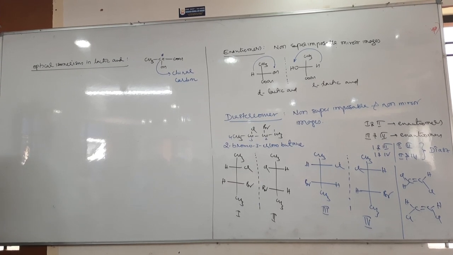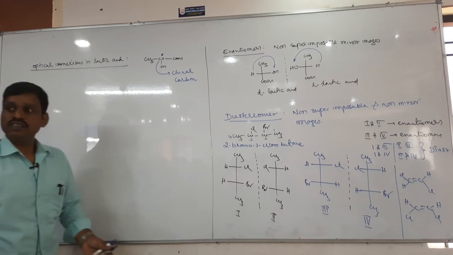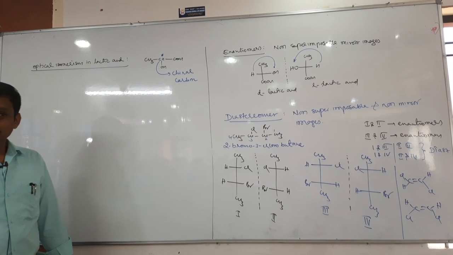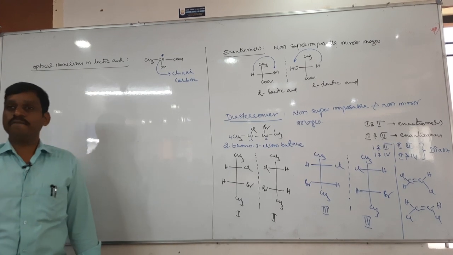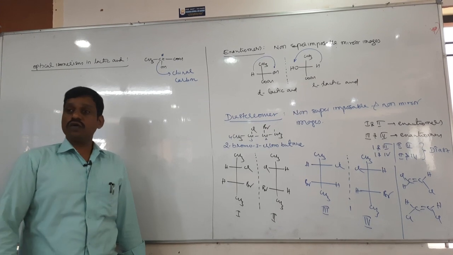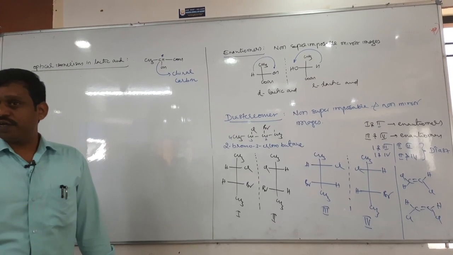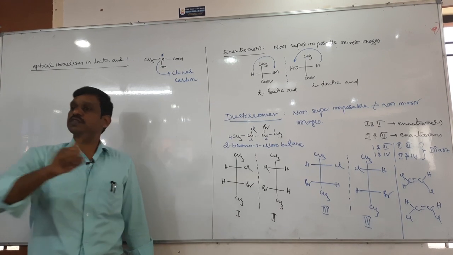Optically active. How do you say that it is optically active? It has a chiral carbon. Is chiral carbon a criterion for optical activity? No. Even though chiral carbon is not a criterion for optical activity, if a molecule has one chiral carbon, it is 100% optically active.